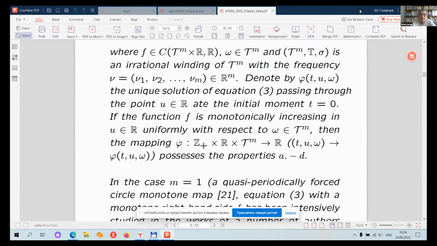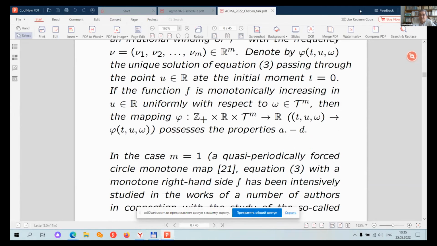Repeating the same reasoning as in the precedent case, we obtain a monotone one-dimensional cocycle where on the base space we have a dynamical system on the m-dimensional torus, in which every motion is quasi-periodic. The dynamical system is minimal, which means that the trajectory is dense on the phase space, in our case, on the torus.